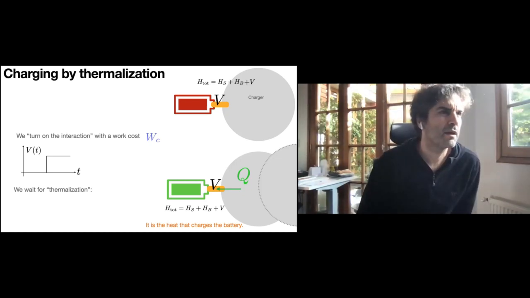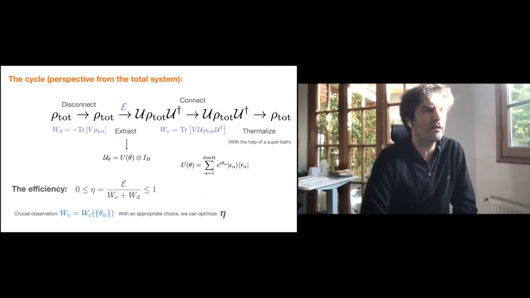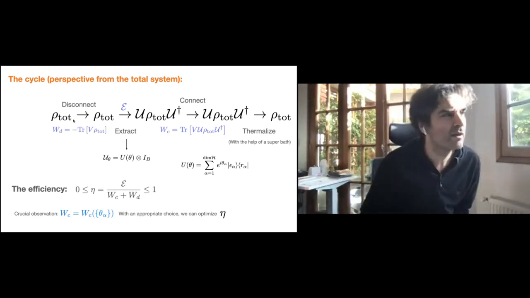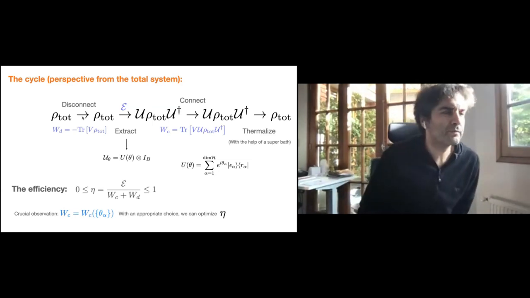And we can view this cycle from the perspective of the total system like that. So we start with the global equilibrium state. Here in this step, we disconnect the battery from the charger. Because this is done very fast, the state does not change.